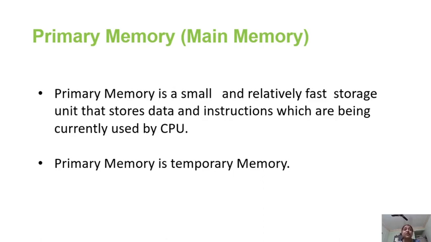For example, RAM and ROM. As we all know, whenever we work on a system, the RAM is loaded first in the system. RAM means random access memory or read and write memory.